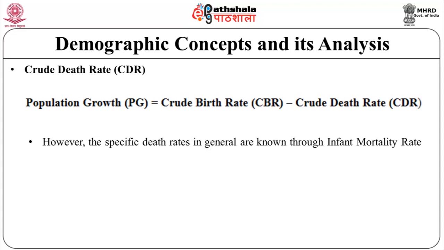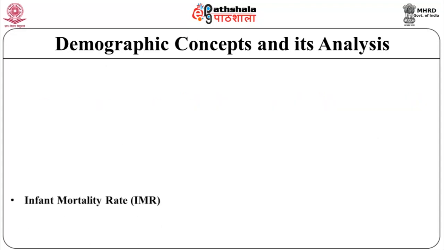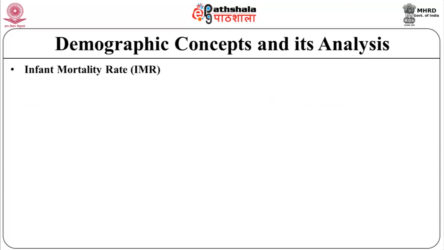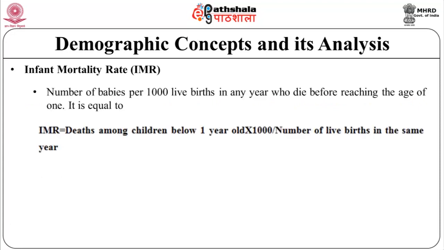However, the specific death rates in general are known through the infant mortality rate. An infant mortality rate is nothing but the number of babies per thousand live births in any year who die before reaching the age of 1. It is equal to the deaths among children below 1 year old multiplied by 1000 and divided by the number of live births in the same year.